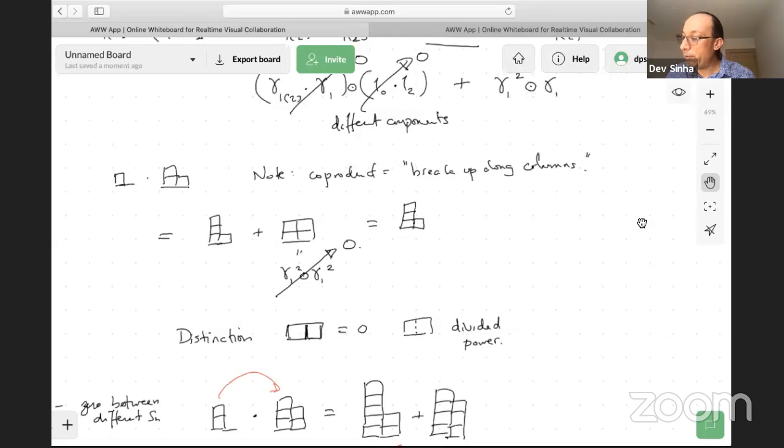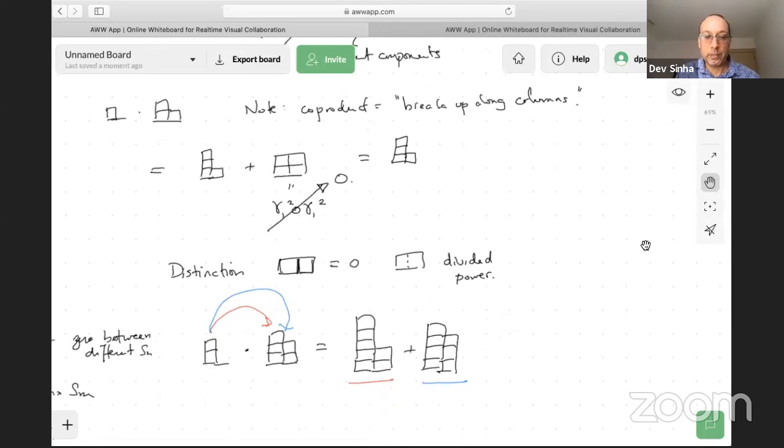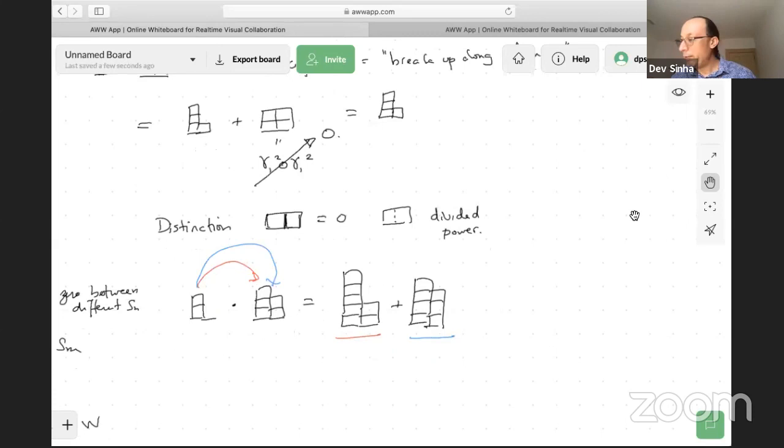And if I put this here, I get the second term. And then, like Young diagrams, I'll have the taller column first. So the transfer product is commutative. So the next one we should look at is this.